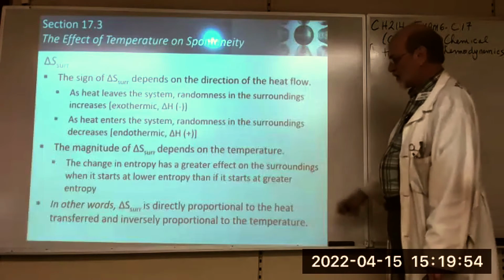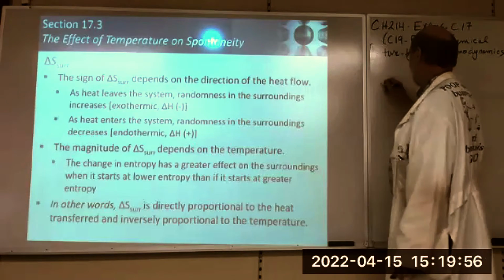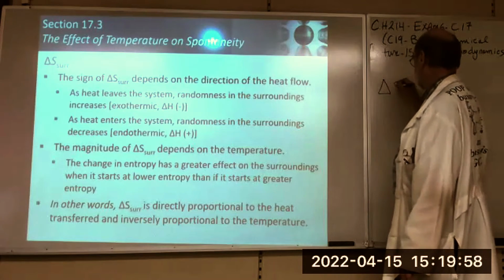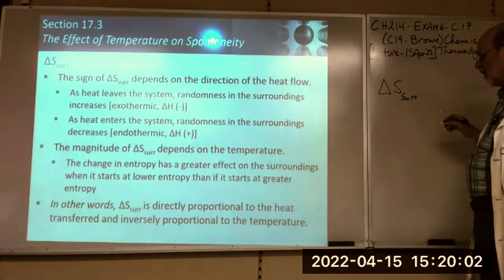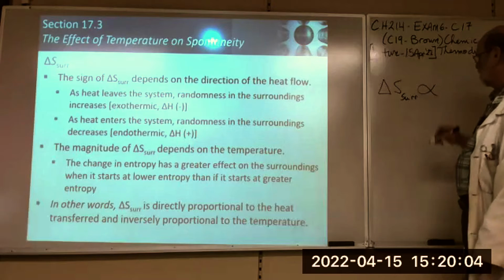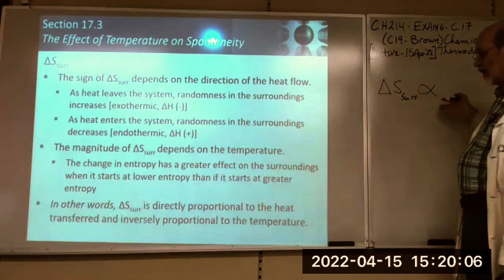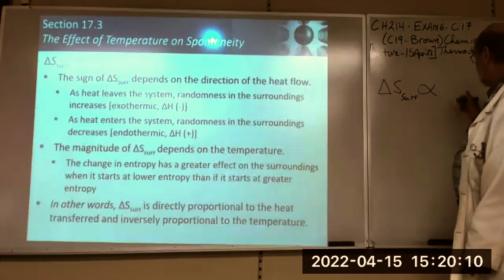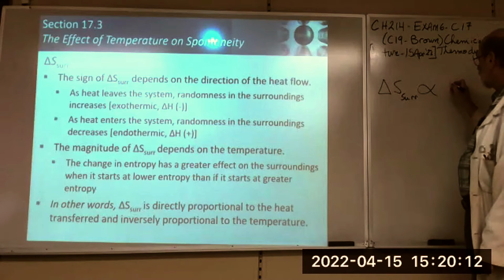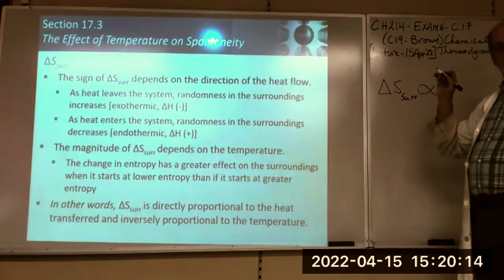So in other words, what we're saying is the delta S for the surroundings is directly proportional, and that's what that means, directly proportional to the heat transferred. It's directly proportional to Q, right?